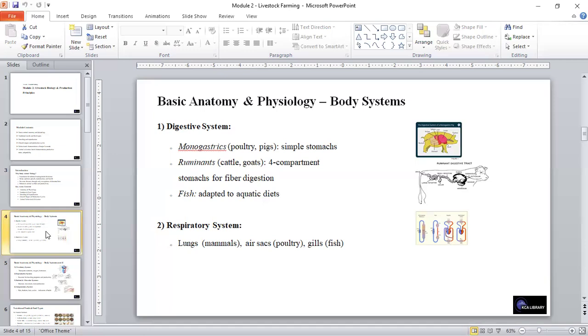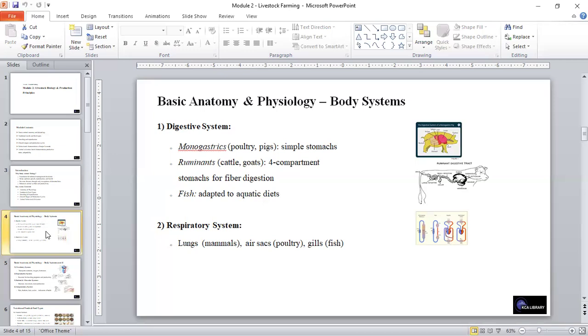The fish has a different digestive system, which is adapted for an aquatic diet. So there are different compositions in each animal based on the needs of such animal and the type of digestive system present in them.